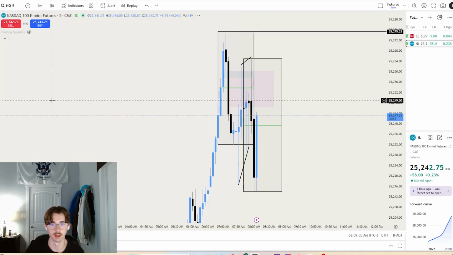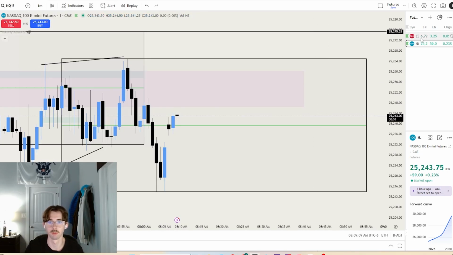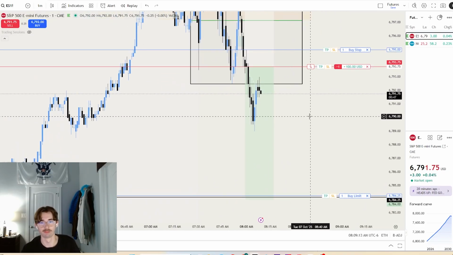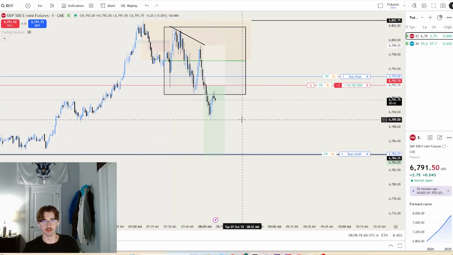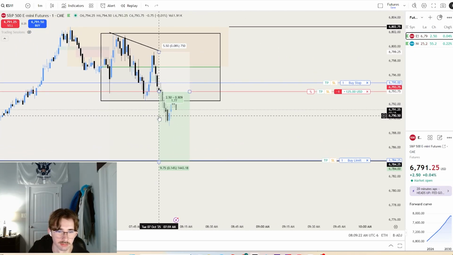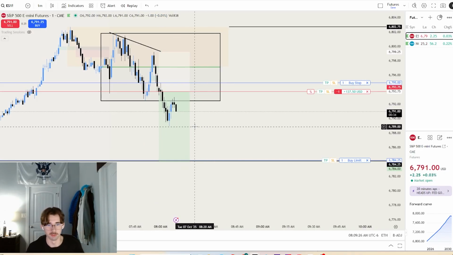We're in equilibrium right now, and if price really wants to rip today, price will rip. But this might just be taking longer to form. I've only been in the trade for 10 minutes, and price action has been super slow today.